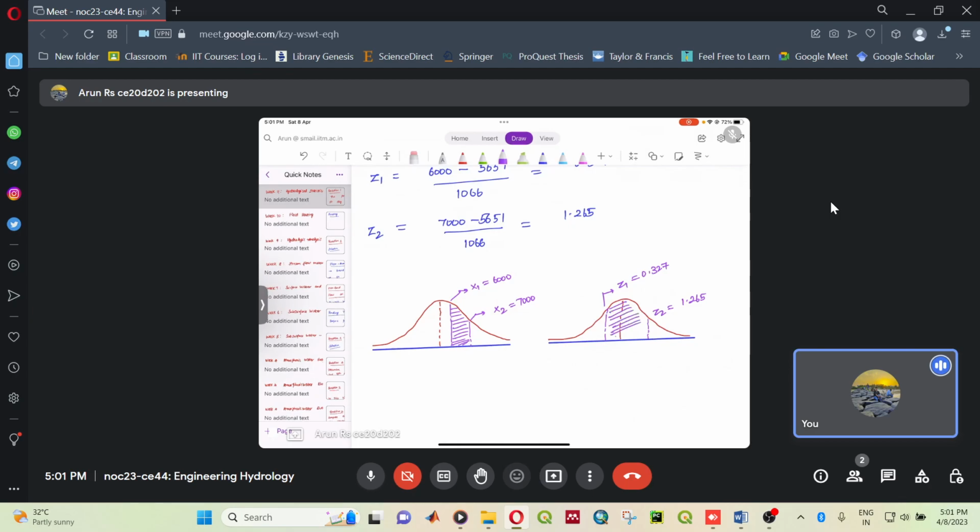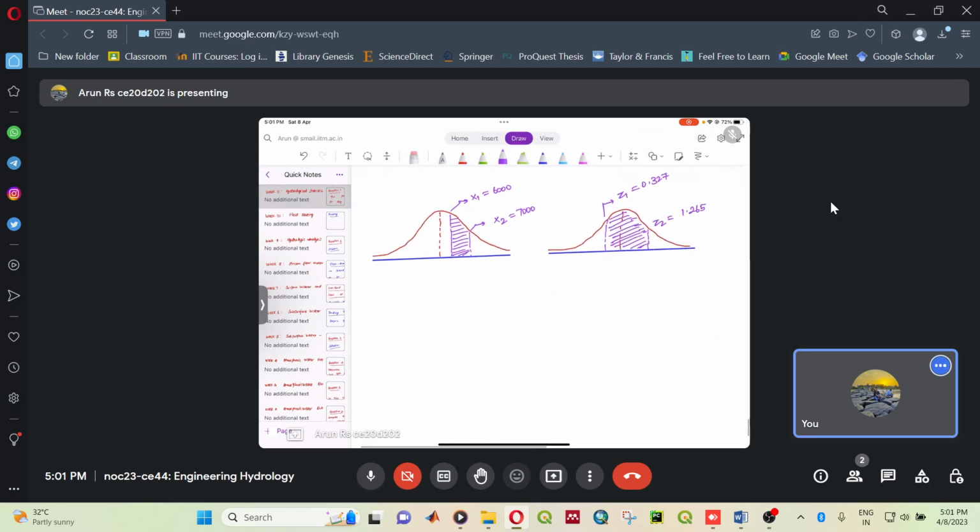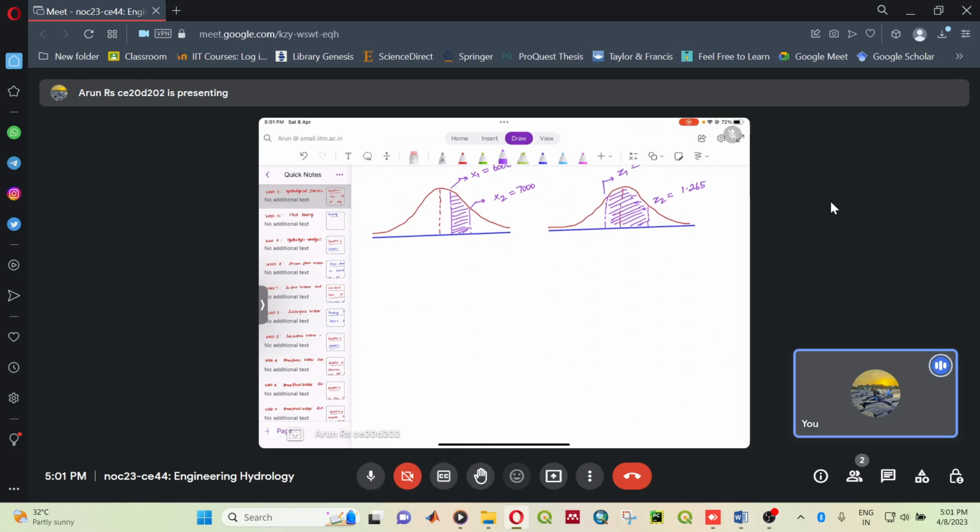Now we need to estimate the area under this curve. From the standard normal table, we can find out these values.